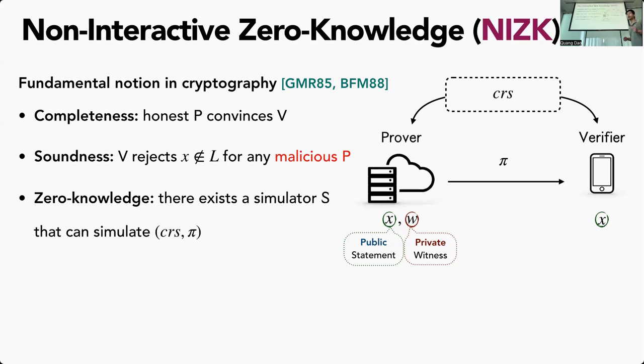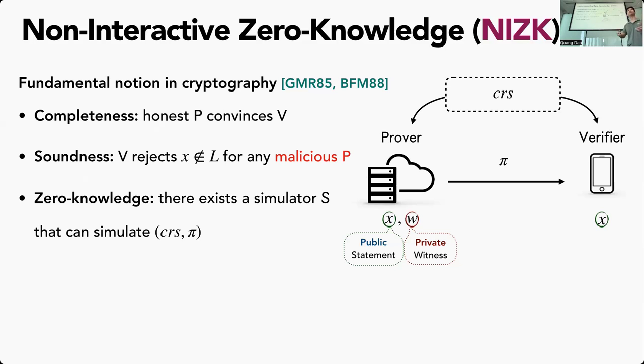And finally, we also have this very nice property called zero knowledge. What it is, is that the proof pi here can be simulated by some algorithm called the simulator. And this algorithm only knows the public statement X. It doesn't know the private witness W at all. It has some sort of extra power over the verifier in the sense that it may also generate this common reference string by itself.